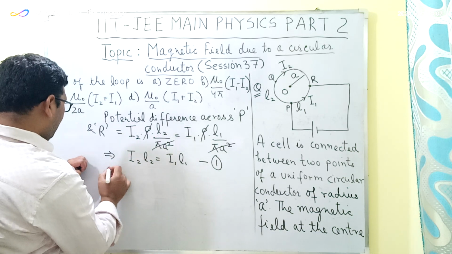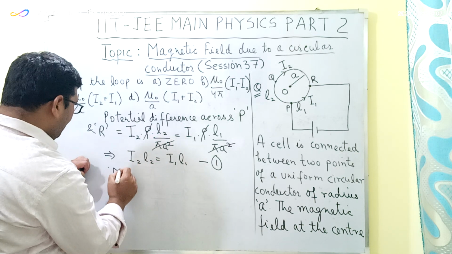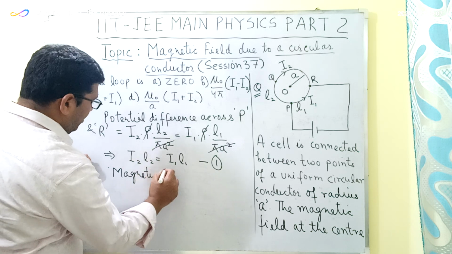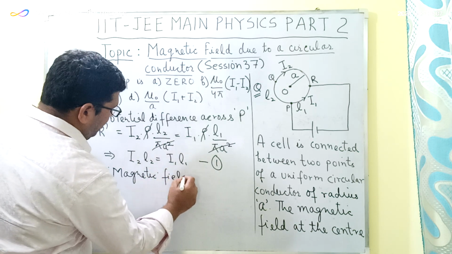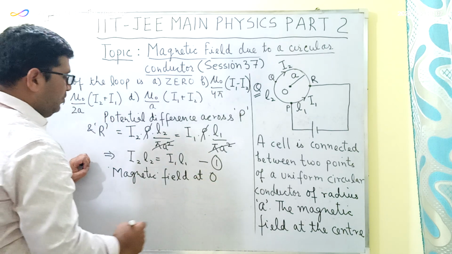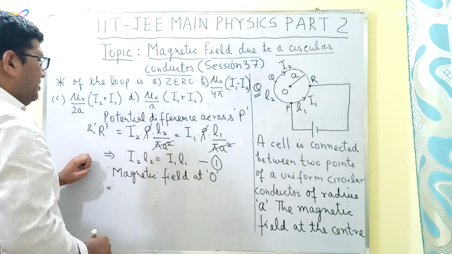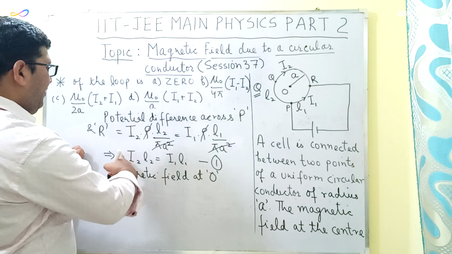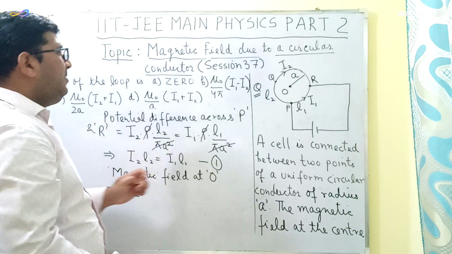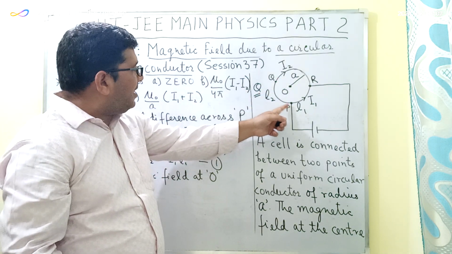So the magnetic field at the center of the loop, that is at O, will be equal to the magnetic field due to the current I2 flowing in the arc PQR.